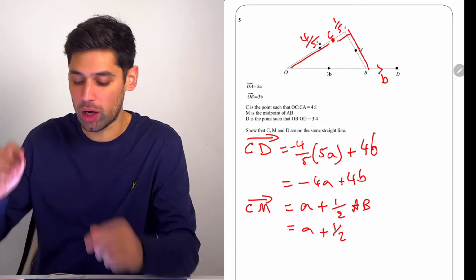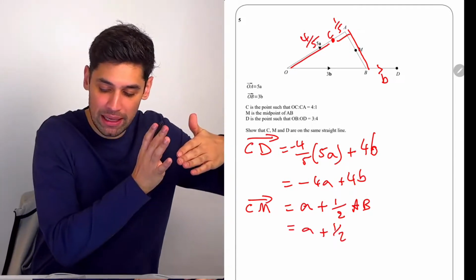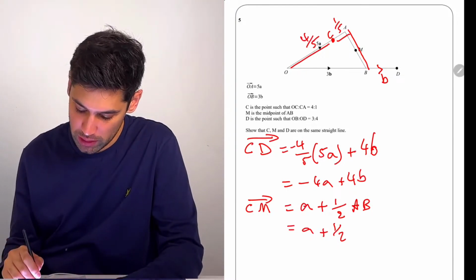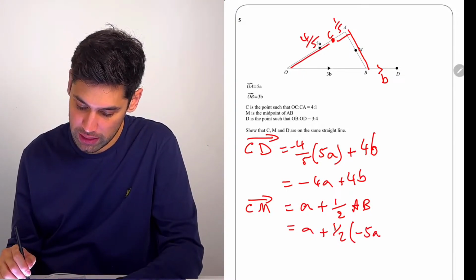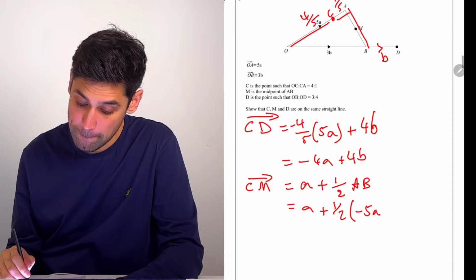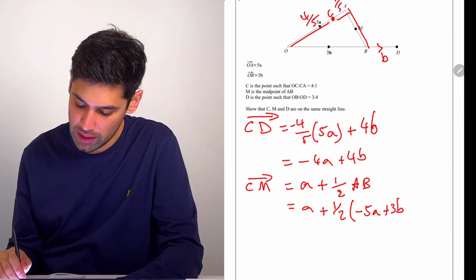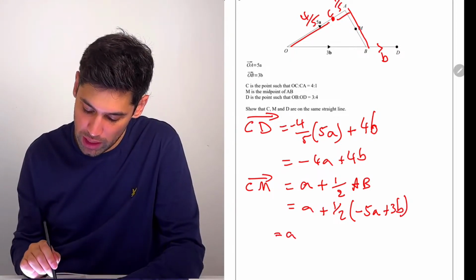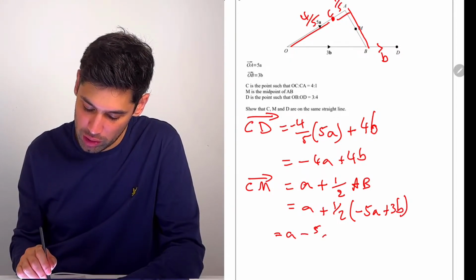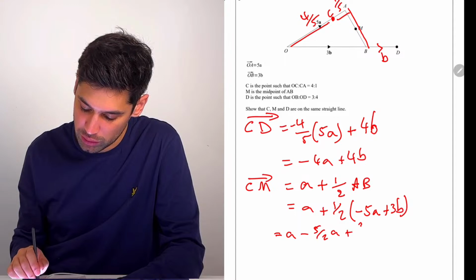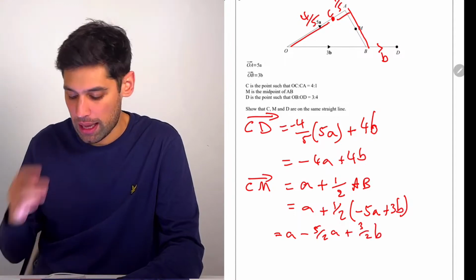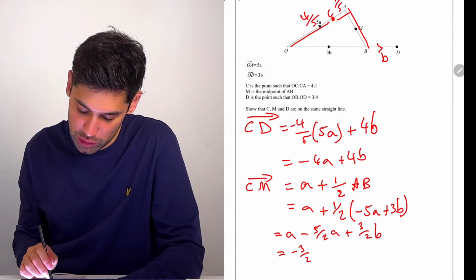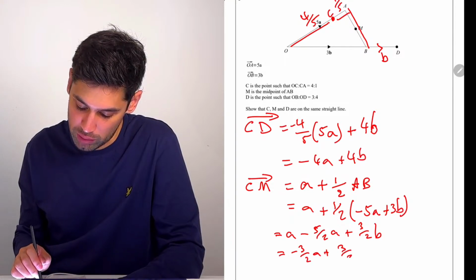And AB, we go minus A, so we go from A to O, then O to B, which is going to be minus 5A plus 3B. Then we're going to expand that bracket and collect like terms. So A minus 5 over 2A plus 3 over 2B. And minus 5 over 2A is going to give us negative 3 over 2A plus 3 over 2B.